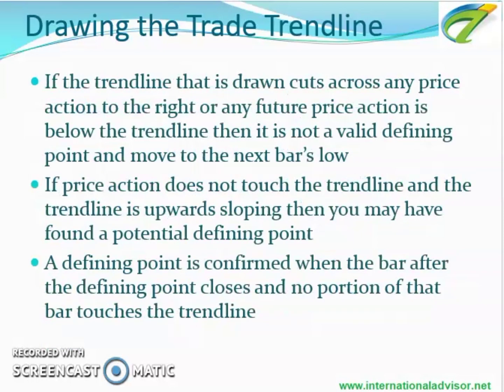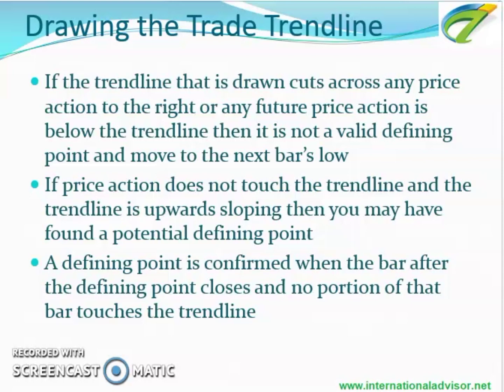If the trend line that is drawn cuts across any price action to the right, or any future price action is below the trend line, then it is not a valid defining point, and you move to the next bar slope.